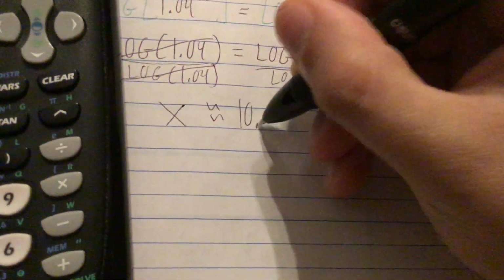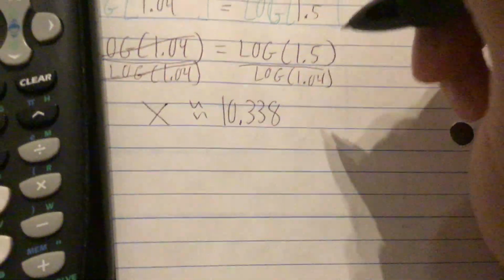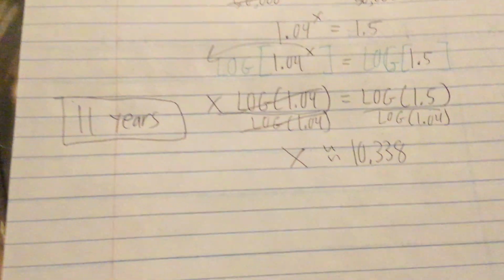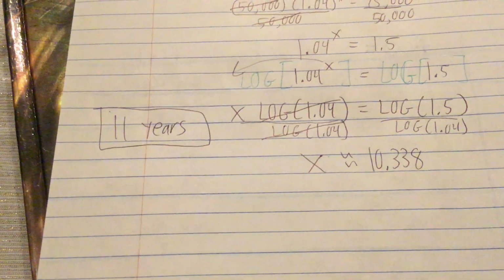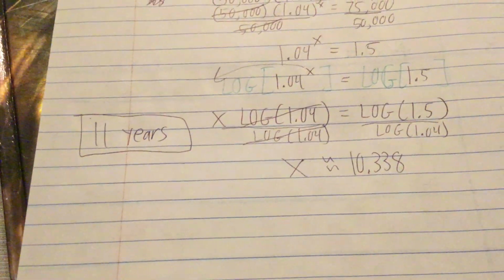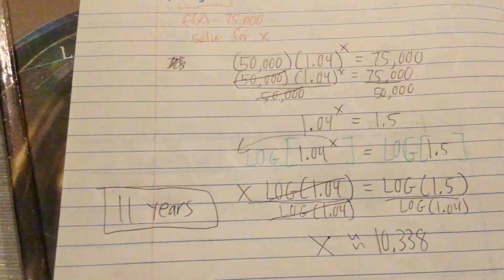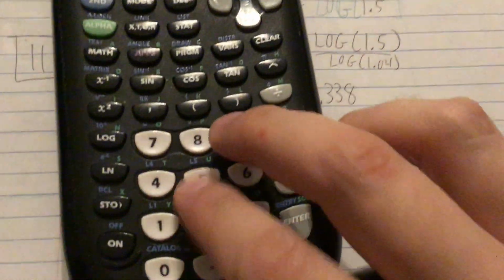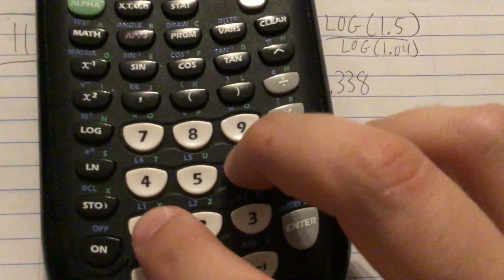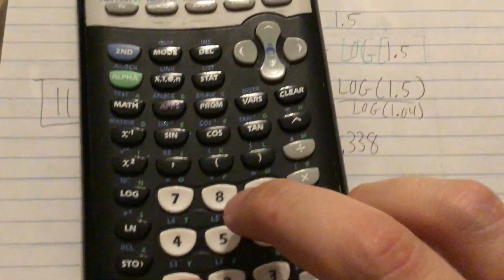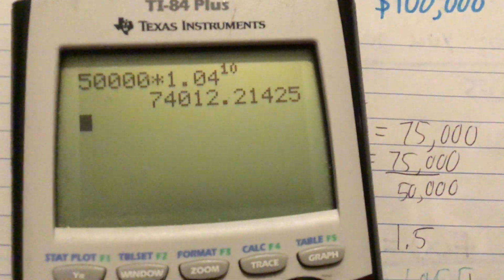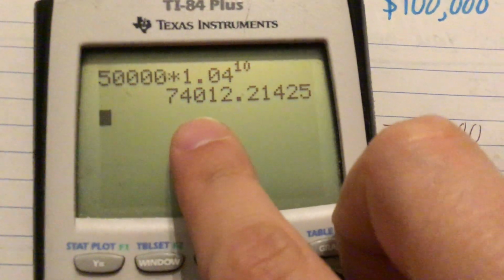Okay, but I'm going to actually answer this with 11 years, and I'll tell you why. 11 years, because there's no such thing as a fraction of a year when they give you your contract at the end of the year going, okay, well, every 0.338 of a year. No. You get your contract at the end of the year. This is what you're going to make next year. Because if you do, let's say you do $50,000 times 1.04 to the 10th power, you're going to fall just shy of $75,000.